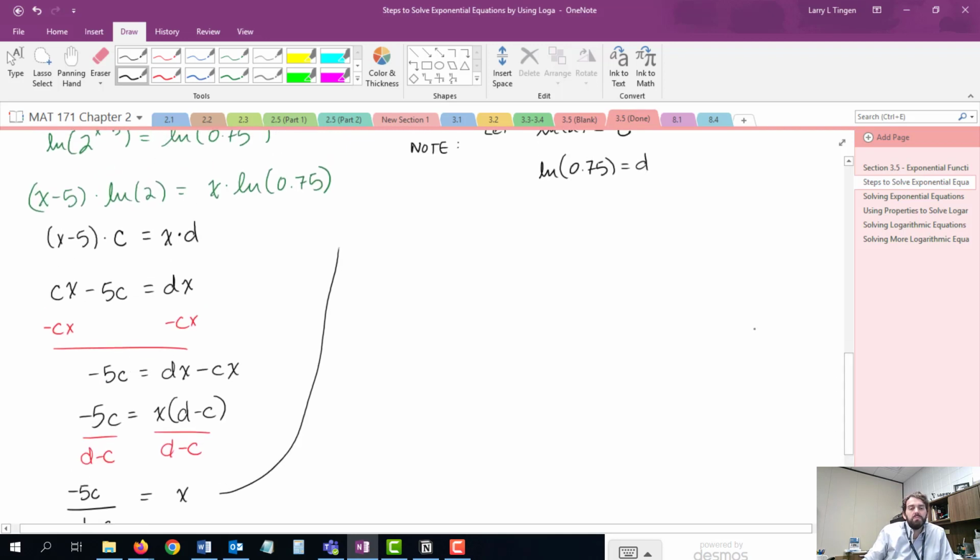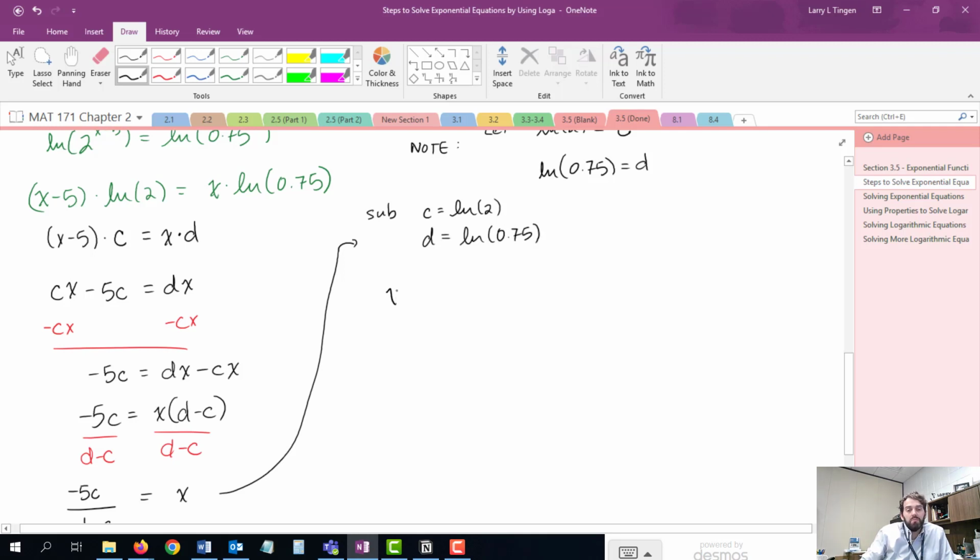Now, let's resubstitute. Natural log, what is it? c is natural log of 2. And d is the natural log of 0.75.